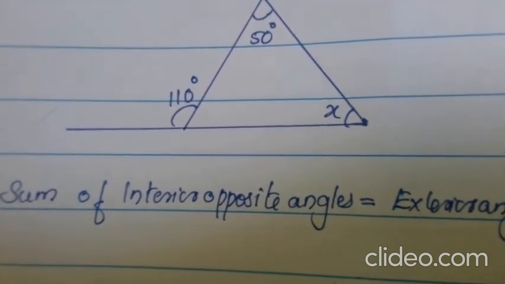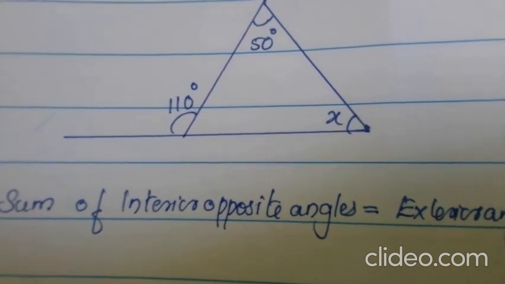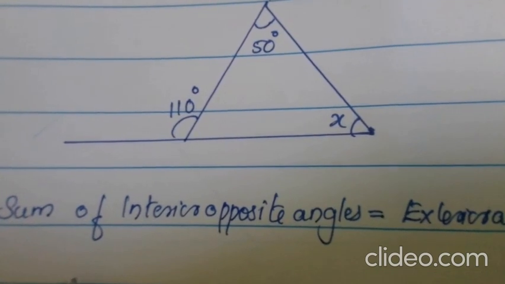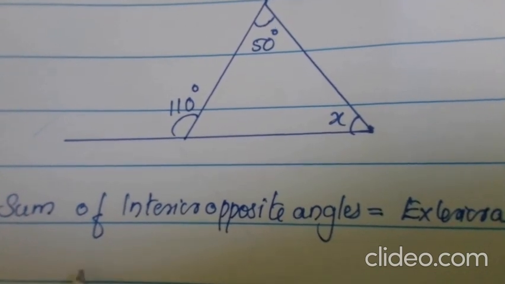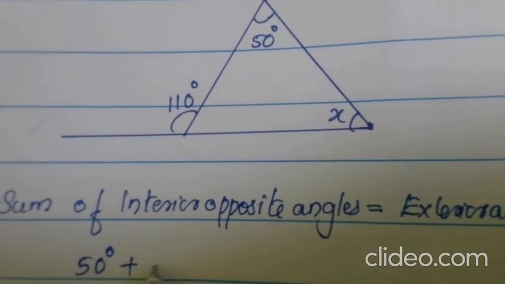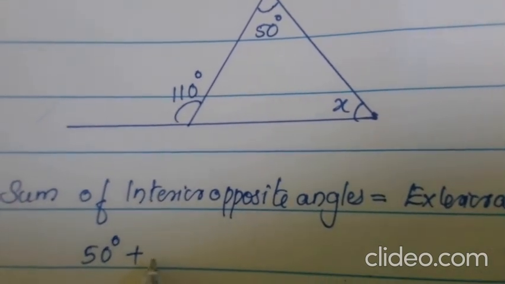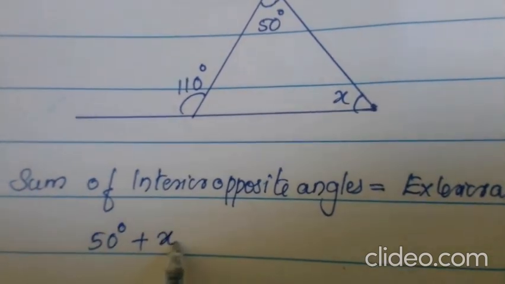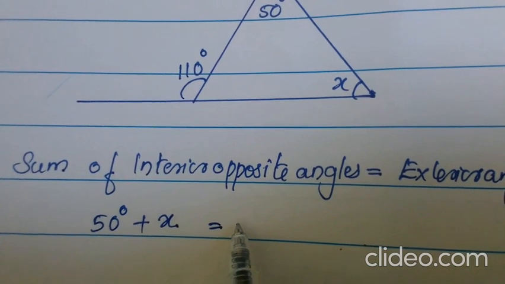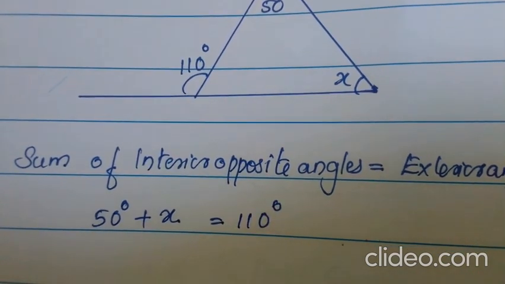One is 50 degree, other is unknown interior angle. Is it? So, how we will do? Sum of the interior opposite angle means we will write 50 degree plus one interior angle we do not know. So, we will write X is equal to, which is the exterior angle? That is 110 degree. Is it?